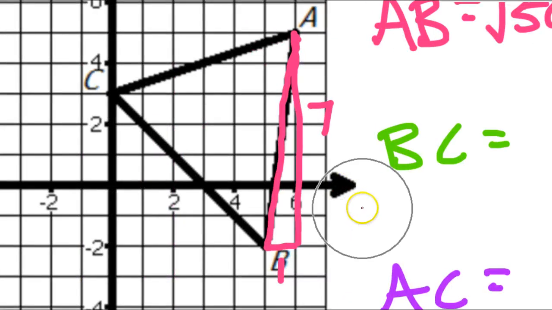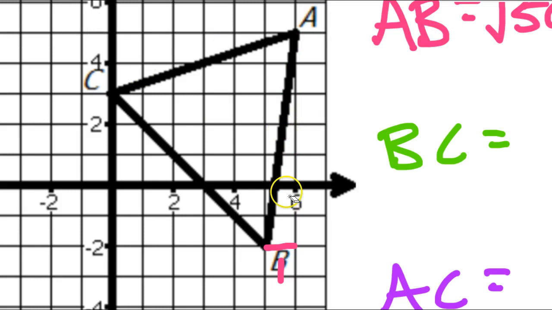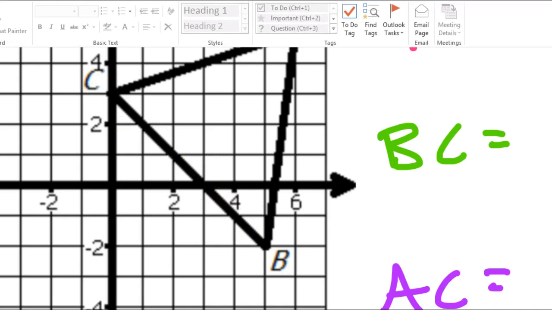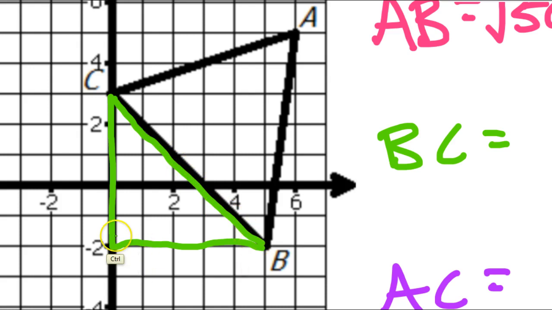All right, so I just need to do that 2 more times. I think I'm going to erase this to just keep the picture neat. So now, look at side BC. So I'm going to make a triangle out of that. So look at, here's BC. Boom, boom. And this is the hypotenuse. Okay, so this is 5. And this is also 5.